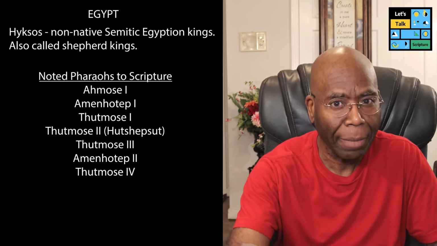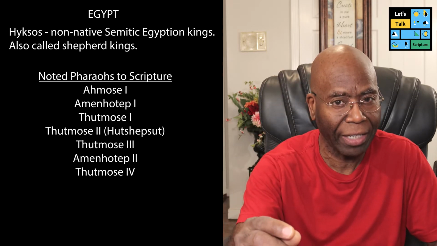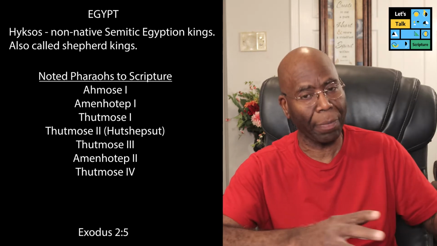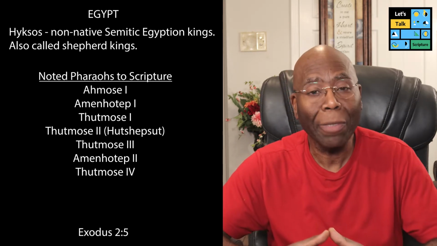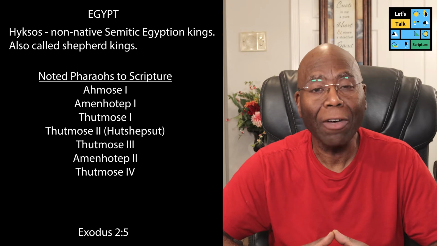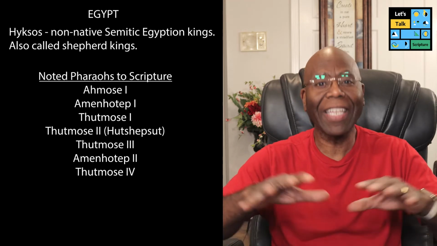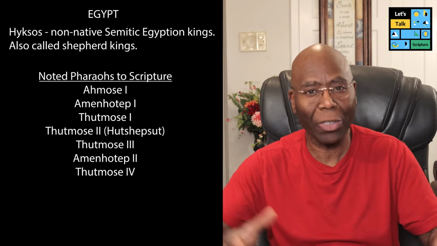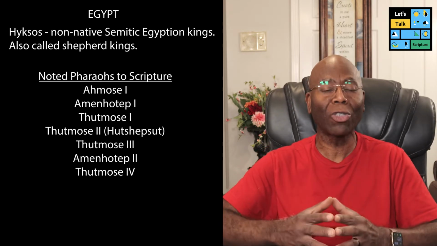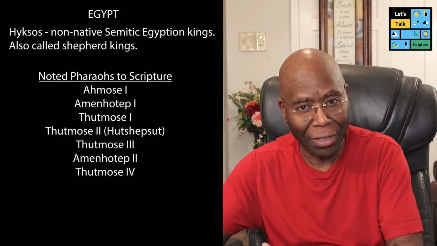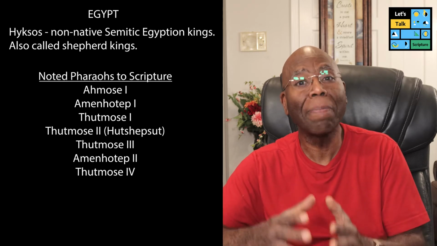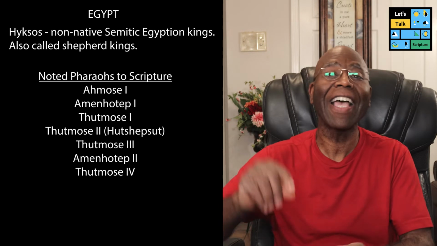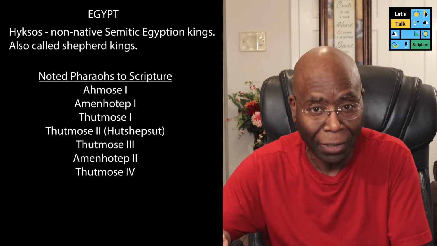Now, here's the thing about Hatshepsut that you've got to understand. This is the daughter of Pharaoh, the daughter of Thutmose the first, who in the book of Exodus found the baby Moses in that little reed box. She was the one who rescued Moses and became Moses' adopted mother. And so therefore, when Moses was being raised young, he was raised as the son of Hatshepsut.